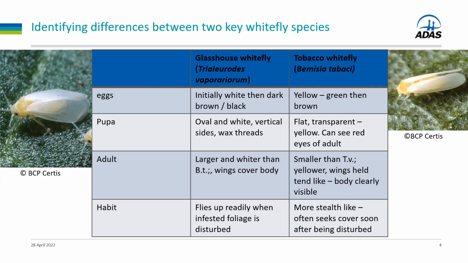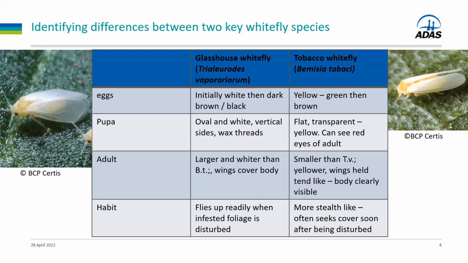Glasshouse whitefly flies up readily when it's disturbed, as I'm sure many of you have encountered over the years. But I've got less experience with tobacco whitefly because obviously it's a notifiable pest, and where you do see it, you don't see it in as high numbers. But it's something I've noticed, and growers have told me they've noticed, that it does seem more stealthy.